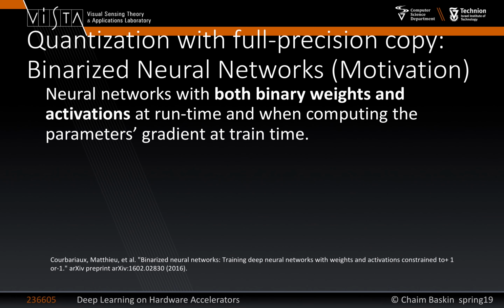You're only summing numbers, so it tremendously improves the power consumption of your neural networks. You're using binary weights and activations, then you compute gradients, and again the updating of the weights is done in full precision.